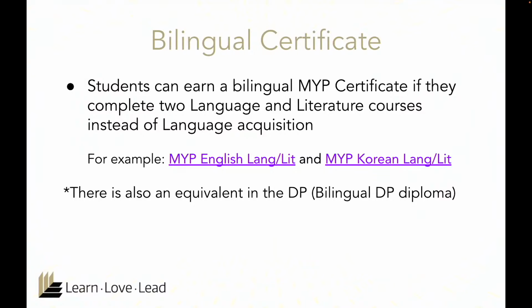This is also true in the diploma program for grade 11s and 12s. There are students who take language and literature classes in two different languages, and they will earn the bilingual DP diploma.